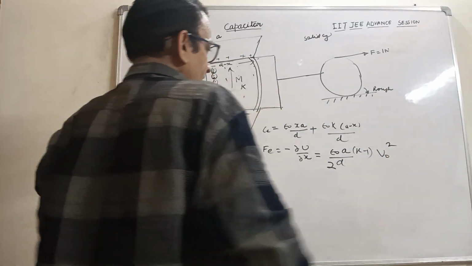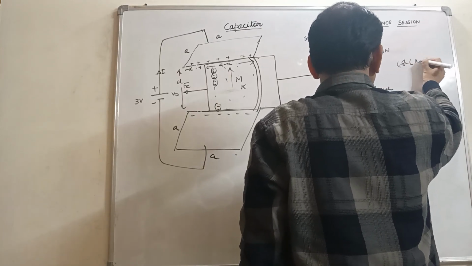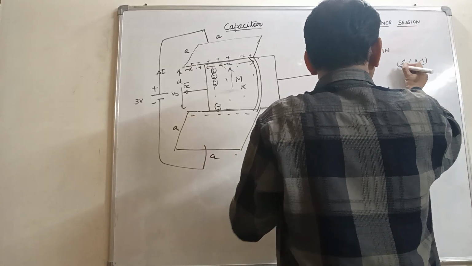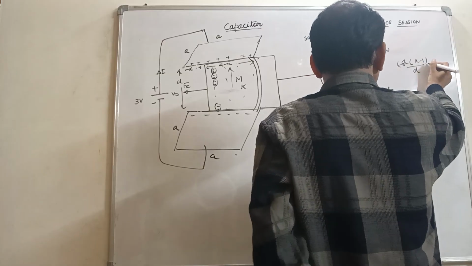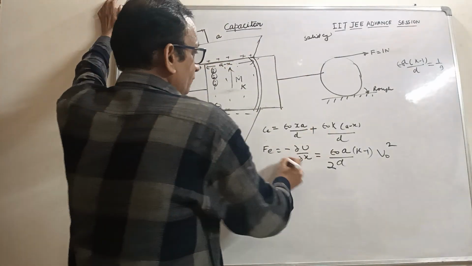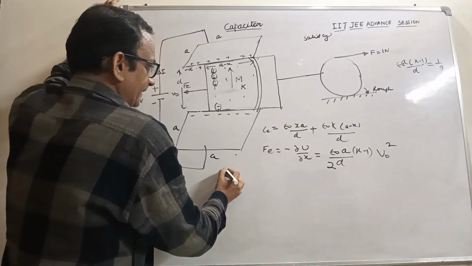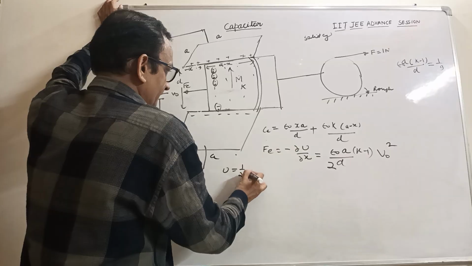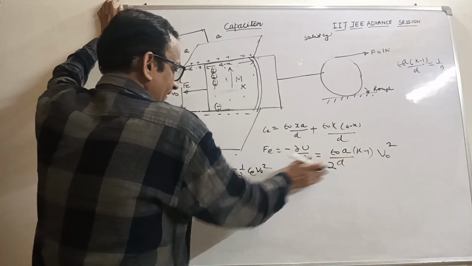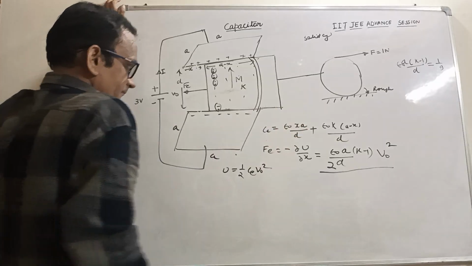In this problem, the value epsilon naught A (K minus 1) upon d is given as 1 by 9. So putting in the value, first we write the potential energy, half C equivalent V naught squared, put in the value of C and differentiate, and we get this result. We directly write it down here.